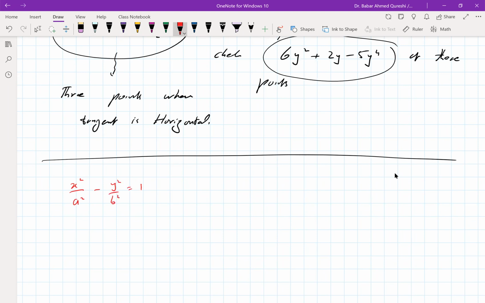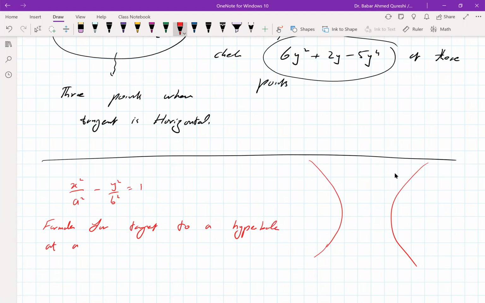You have certainly seen these things. And suppose you want to find the formula for the tangent to a hyperbola at any point x naught, y naught.